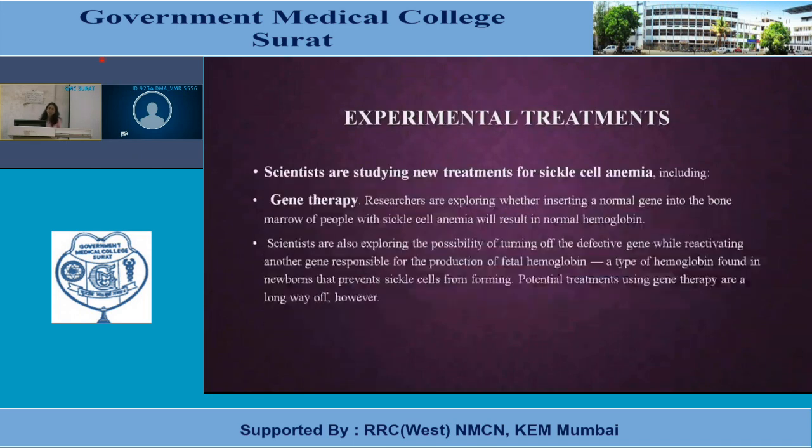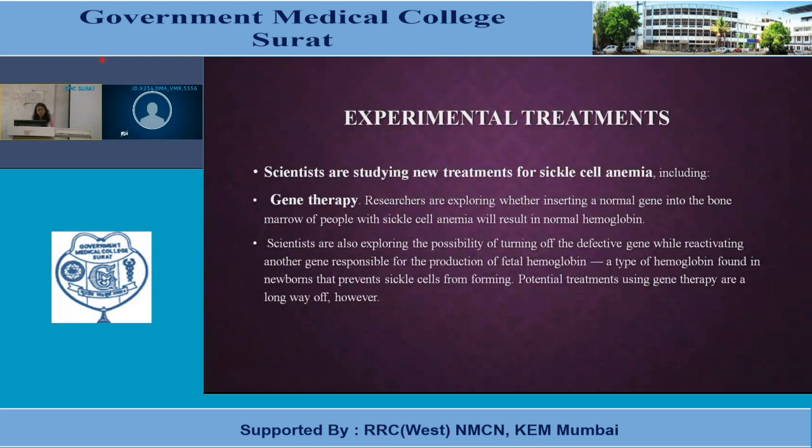Now, experimental treatment. So basically, till now the only curative treatment is bone marrow transplant, but we reserve it only for children with very problematic sickle cell disease. Now, the experimental treatment is gene therapy. Scientists are studying new treatments for sickle cell anemia, including gene therapy.